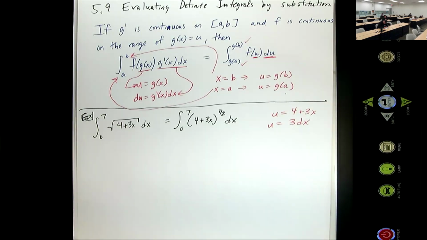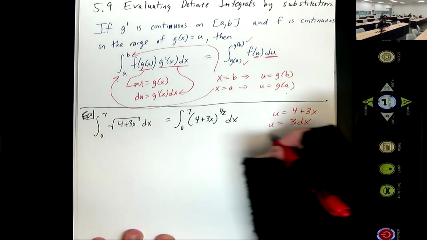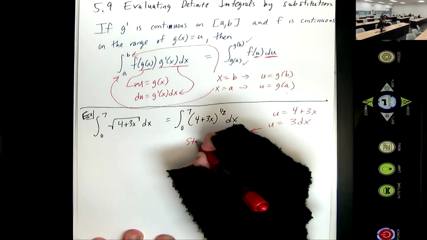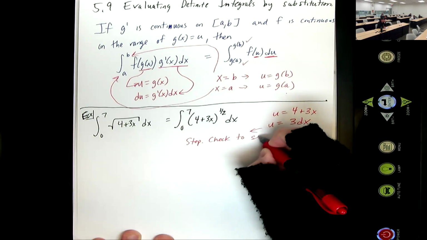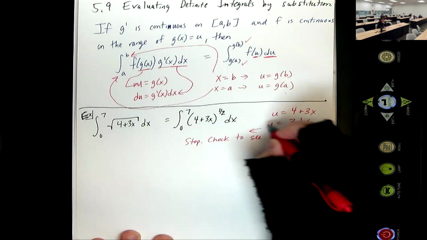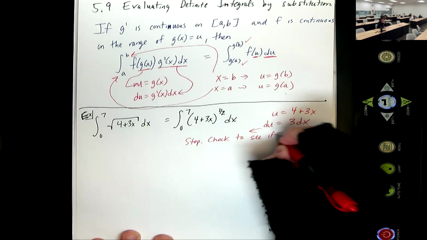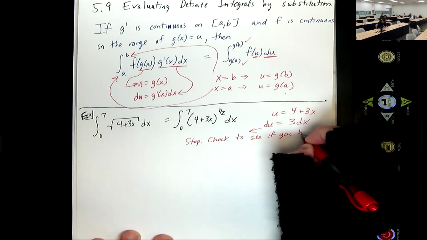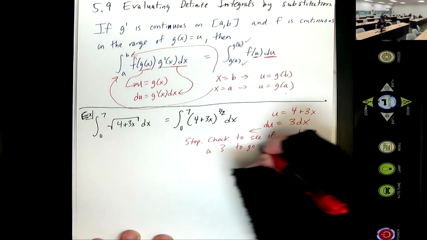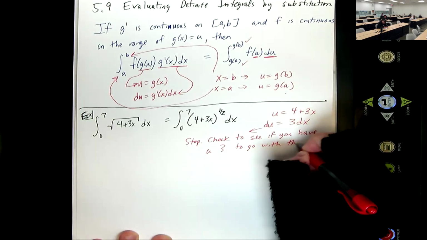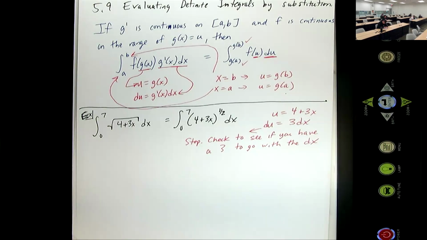At this point, stop. Check to see if you have a 3 in there to go with the dx. If you do, you're good. You just make the substitution and grab it and cancel out.